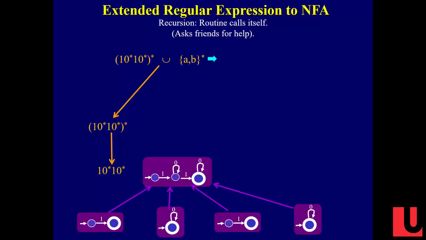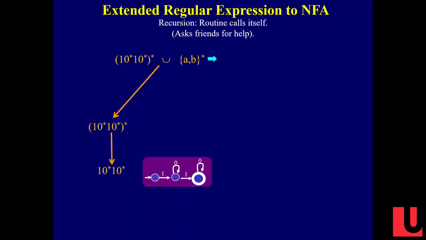I cheated a little bit. I simplified as I went along, because really the formal definition of doing a concatenation is you put epsilon transitions between these. And that would have worked too, but otherwise the picture was getting too big, and I just simplified it.